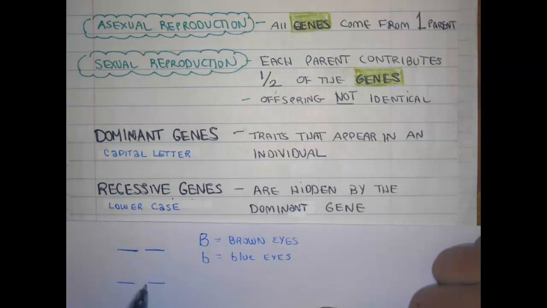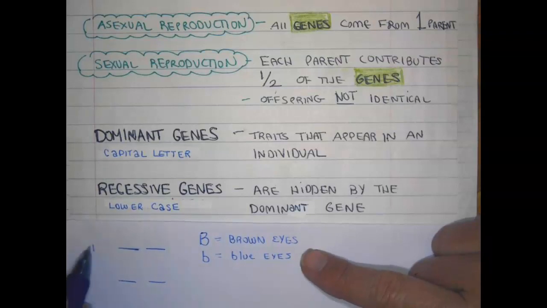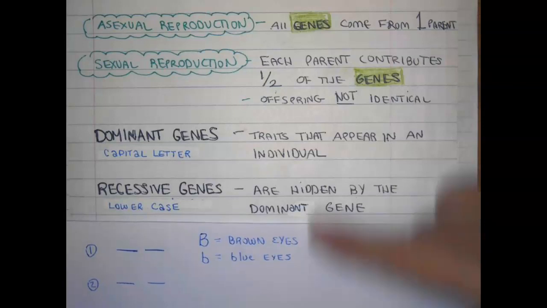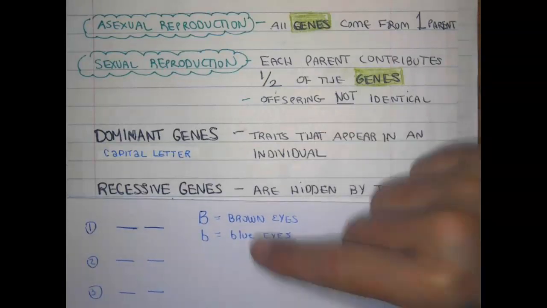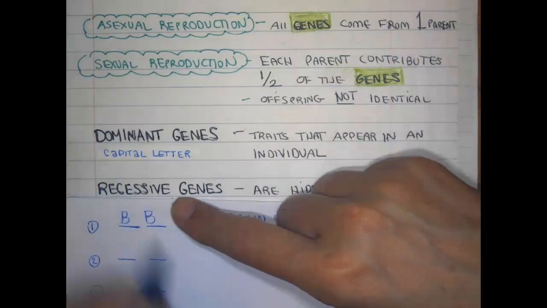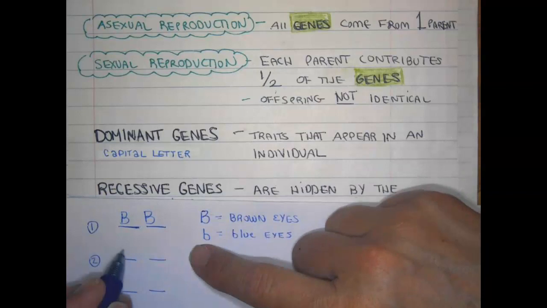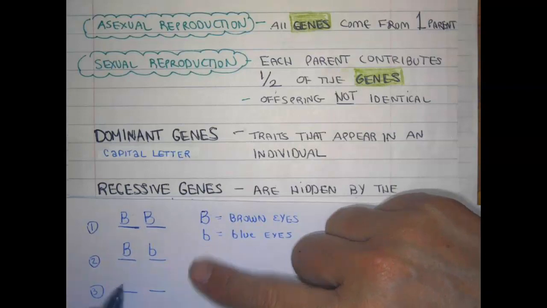Say your parents had 3 offspring, 1 sibling, 2 siblings, 3 siblings, right here. One sibling had capital B, capital B. One sibling had capital B, lowercase b. And one sibling had lowercase b, lowercase b.